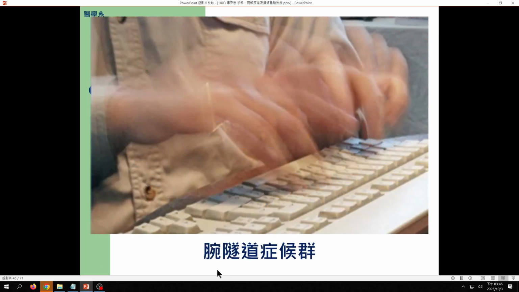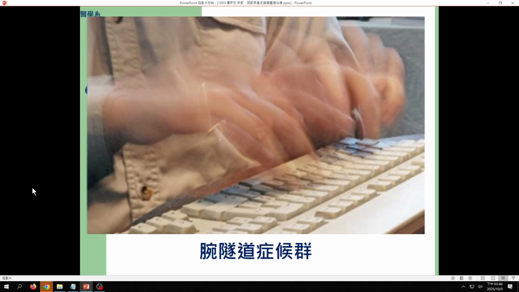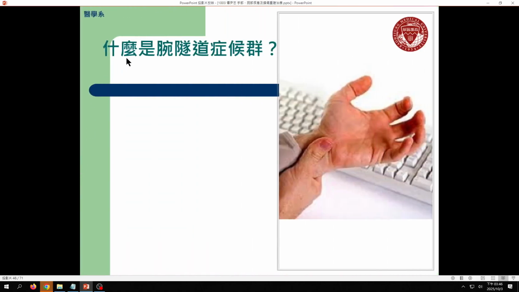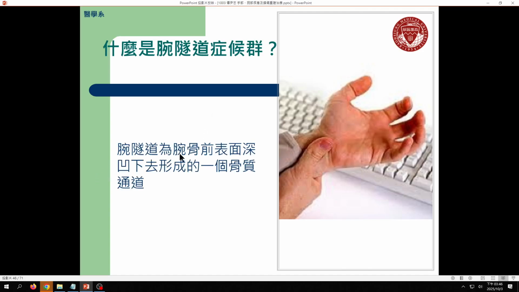Okay. Carpal tunnel syndrome. That's because of typing, overuse, or just washing, overusing your wrist and causing nerve compression. What's the carpal tunnel? That's a bony tunnel, and some soft tissue goes through the tunnel.